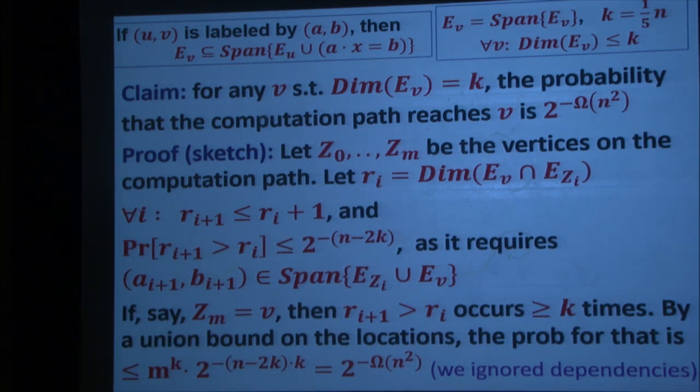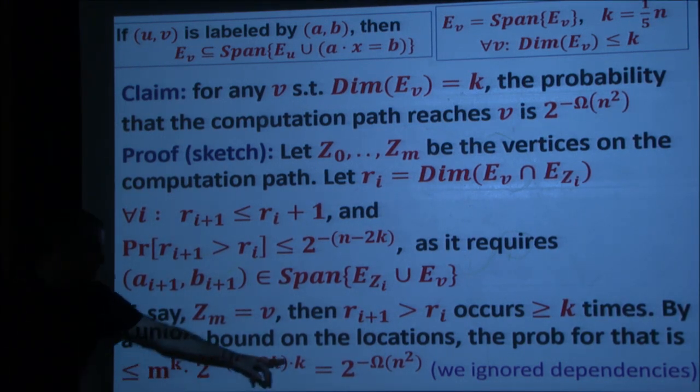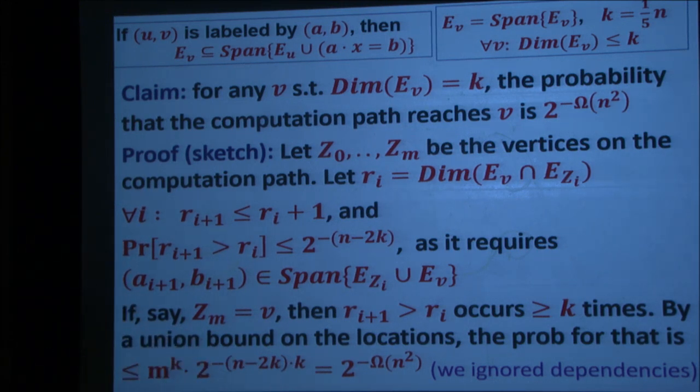The number of subspaces of dimension k is less than 2 to the n times k. So you have here 2 to the n minus 2k times k. This is the probability. It means that this is with a minus sign.